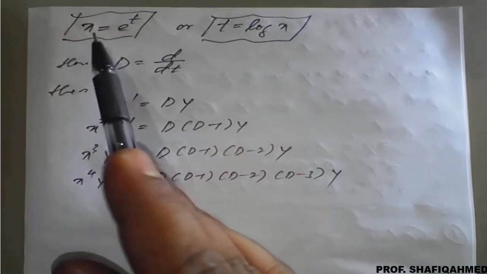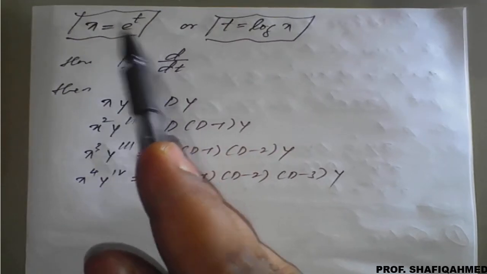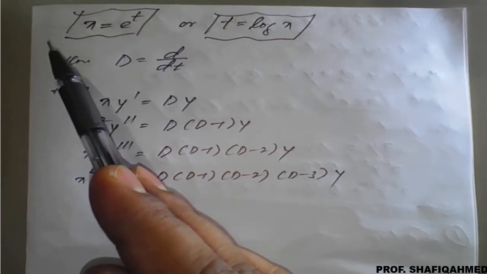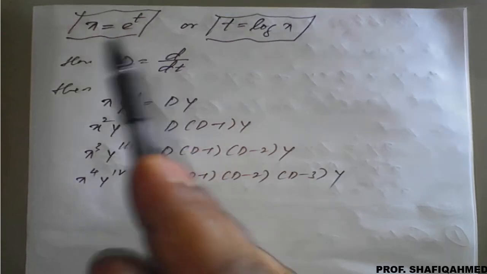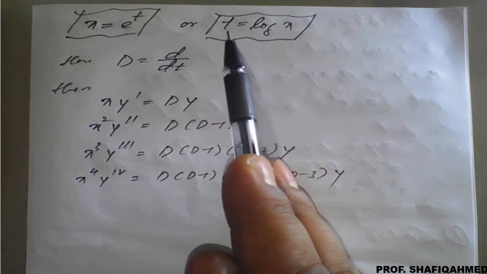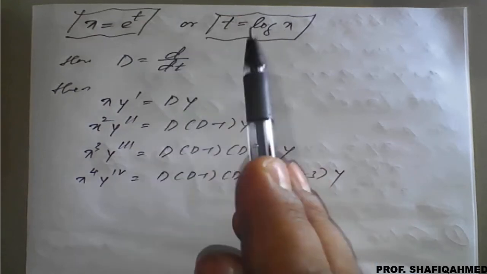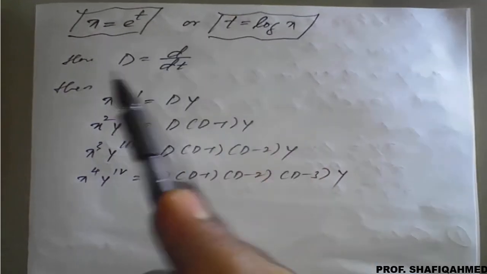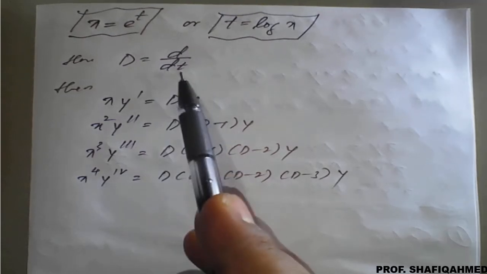The substitution is to put x = e^t. In the Legendre we took ax+b = e^t, but in Cauchy's it is x = e^t and t is nothing but log of x. D is nothing but d by dt.